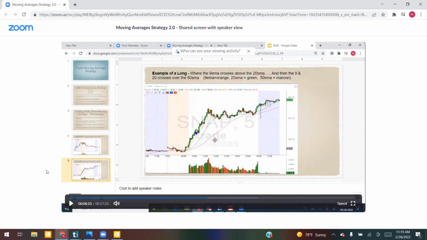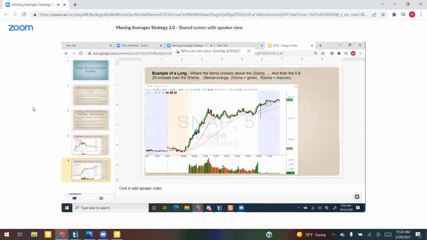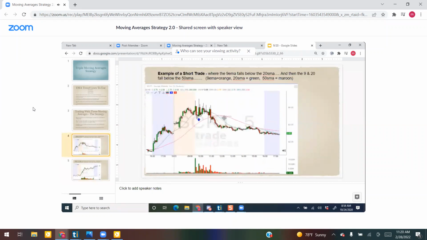But again, if you're more experienced, I could see using it that way. But for beginners or if you're new to this strategy, you might want to consider adding the 50 SMA. In a downtrend, look here, if the 50 is above both the 9 and the 20, you are in a downtrend, meaning a short.